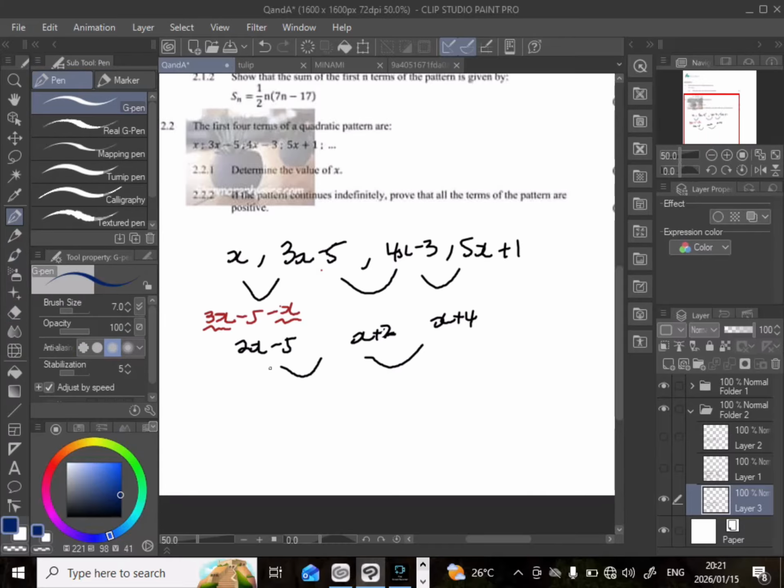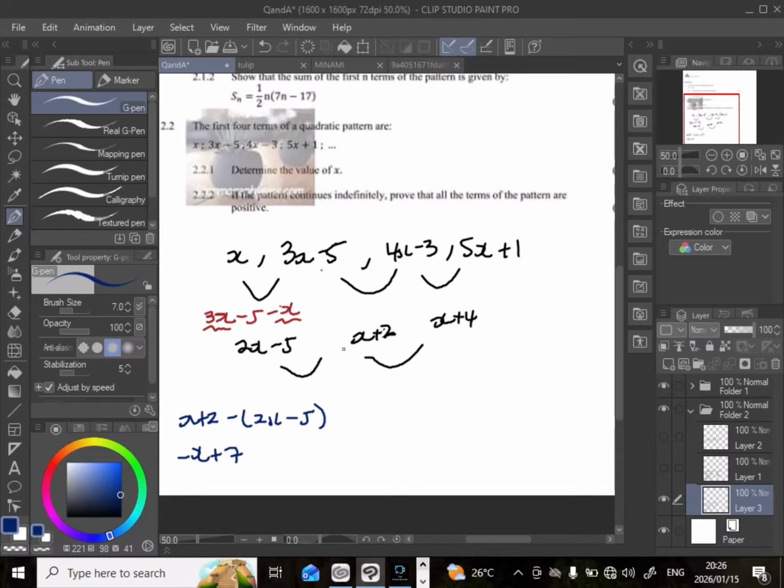It's x plus 2 subtracted by 2x minus 5. So it's going to be negative x, and then here plus 7. Same applies to here.